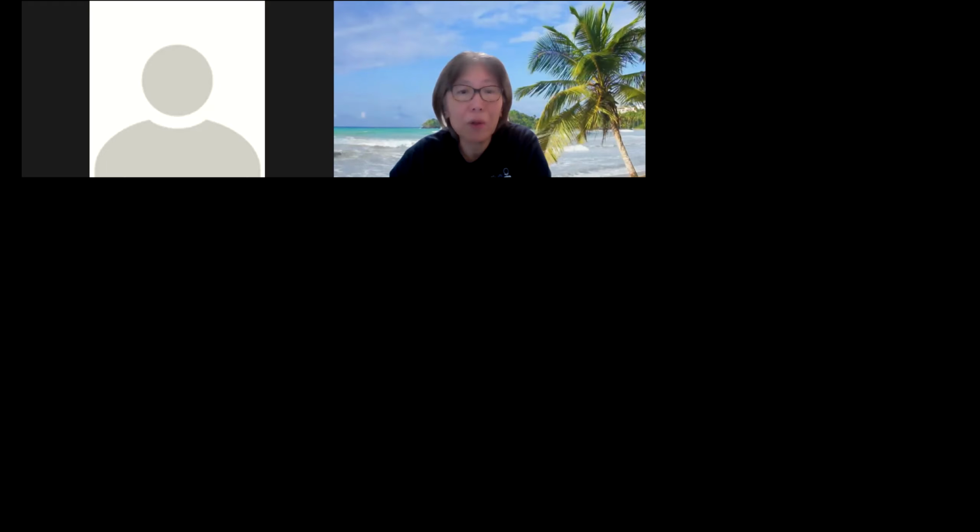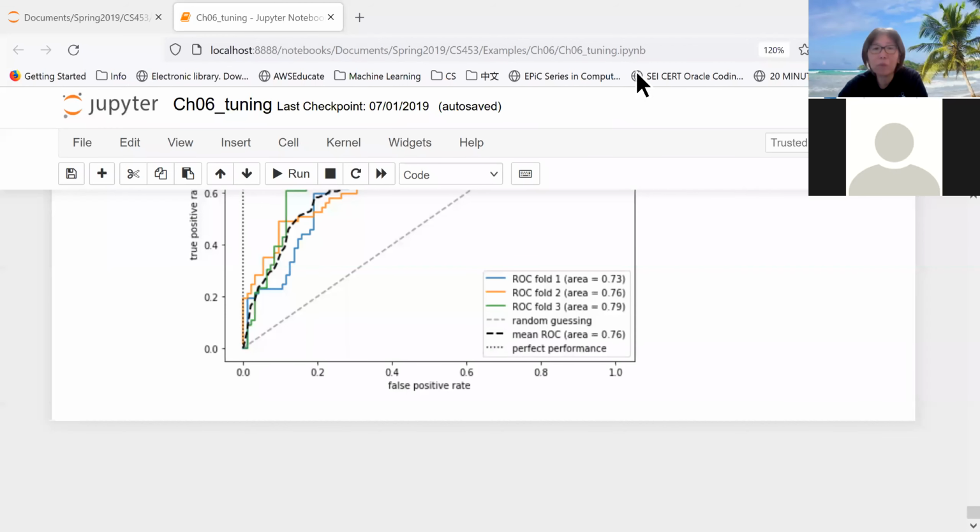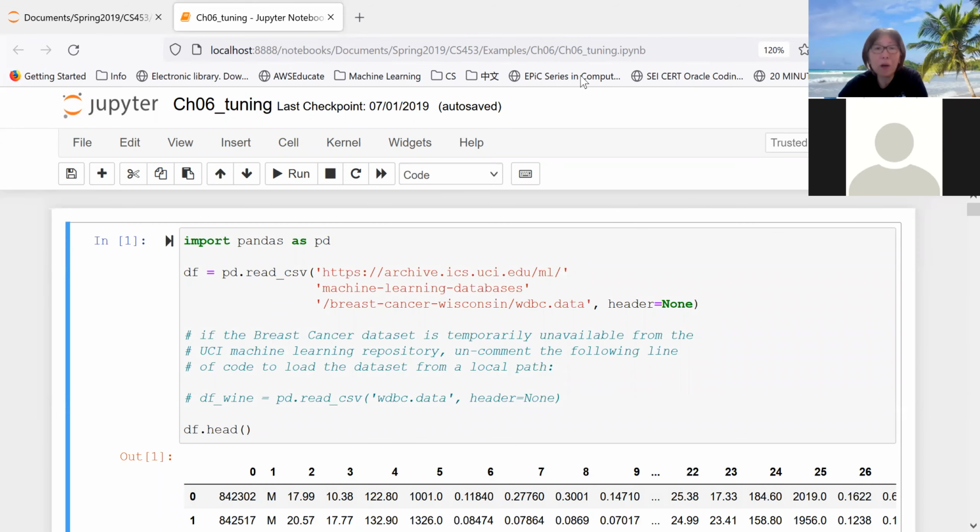And this example is also on our course website, from chapter 6. The data set we are going to use is the Wisconsin breast cancer data set.